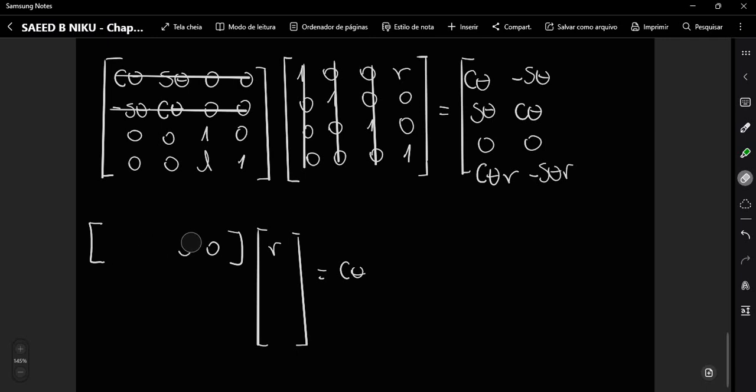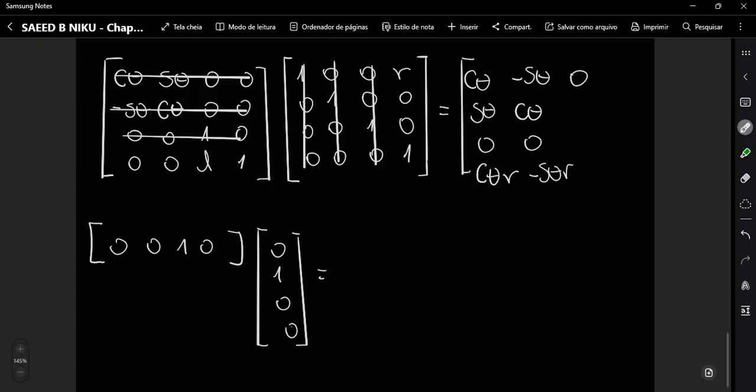And let's change the line again. Now it is 0, 0, 1, 0, 1, 0, 0, 0. And right here, this element is 0. 0, 1, 0, 0.